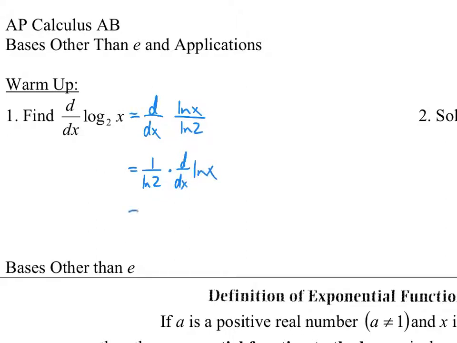And you guys already know that that is what? 1 over x. Okay, so now this is 1 over x times 1 over ln of 2, so we can rewrite that as 1 over x ln of 2. And there's our derivative of log base 2 of x.